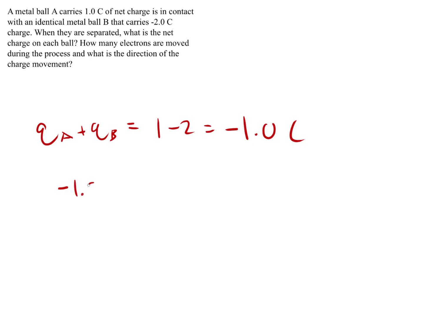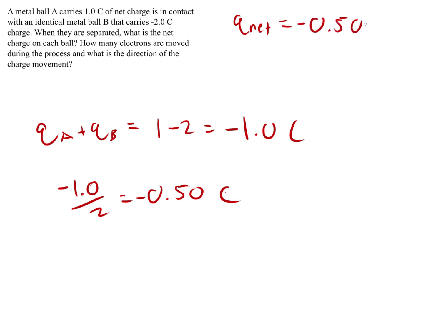So you just have to divide this by 2. So the charge on each ball after the contact is -0.5 coulombs. So after separation, the net charge on each ball is equal to -0.5 coulombs.